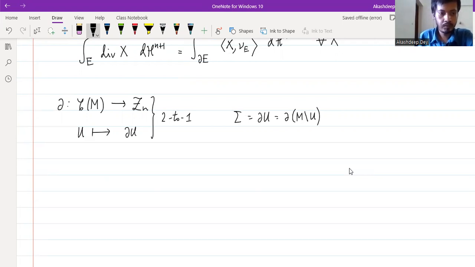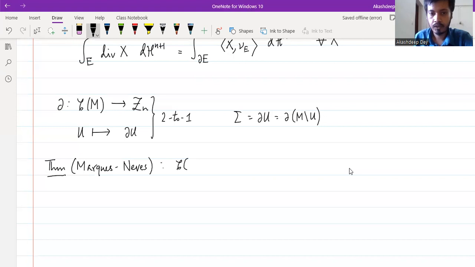We have the following theorem by Marques and Neves. The space Cm is contractible, and the boundary map is a double cover.